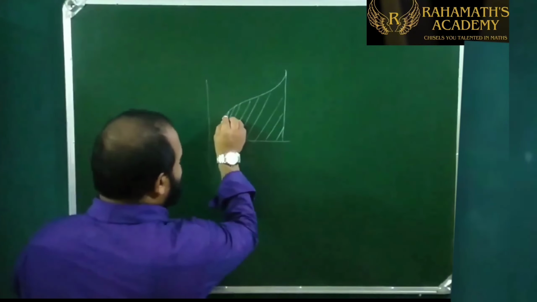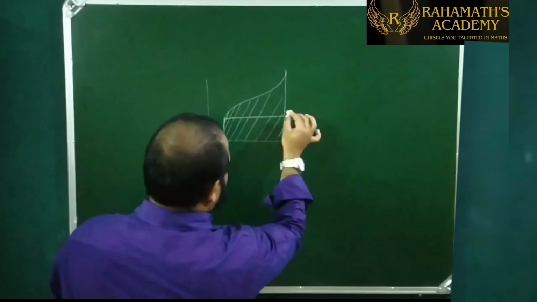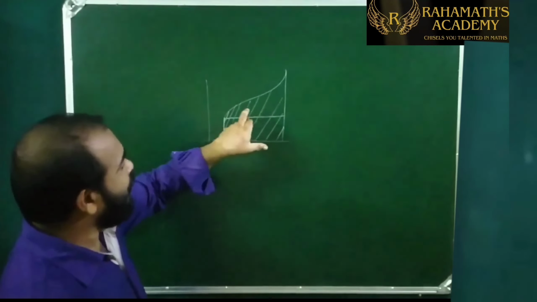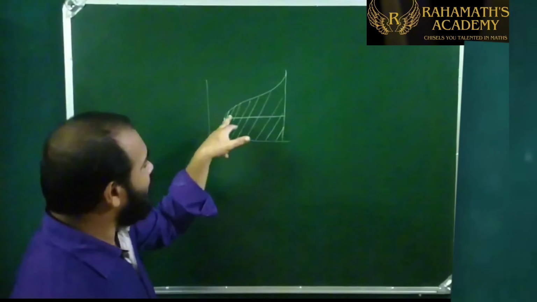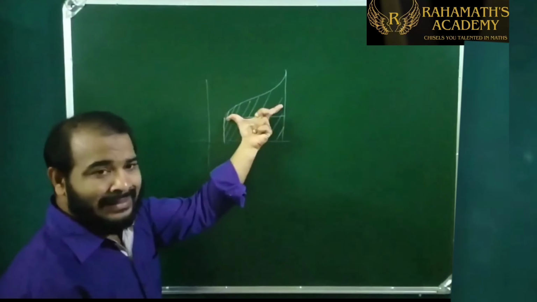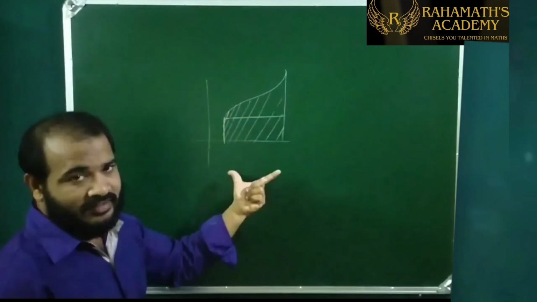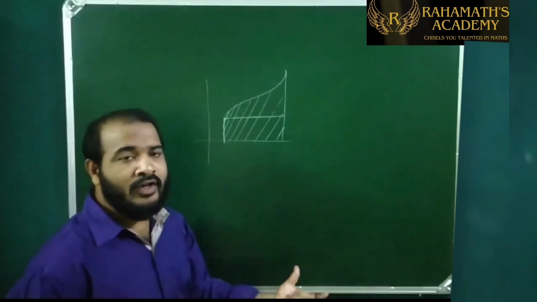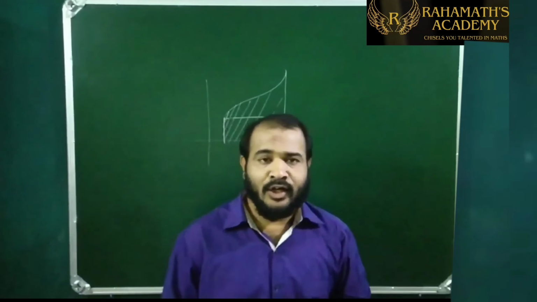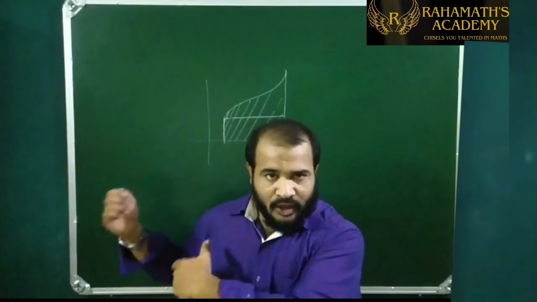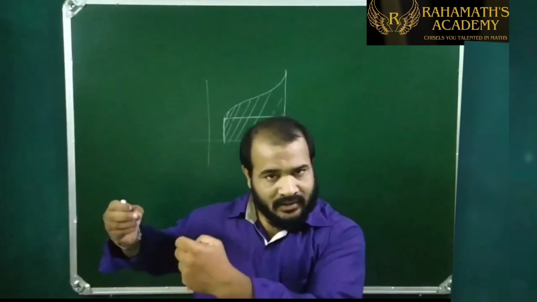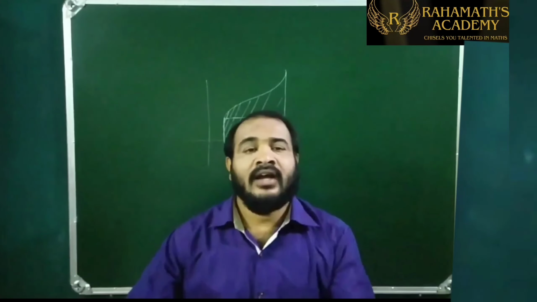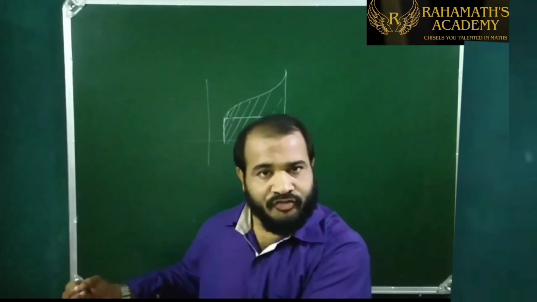At most, if we join here, then actually a rectangle is what we are going to find. But we are unable to find the area of the region bounded by this complex curve. The formulation of the integration process is helpful. Therefore, we can arrive at the conclusion that to evaluate complex curves like this, the process of integration is useful.